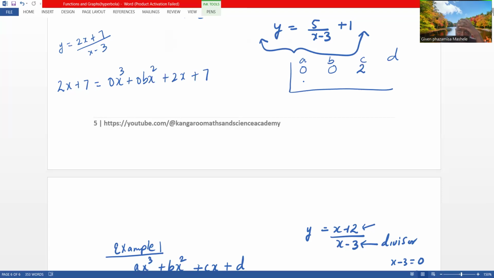We look at our divisor, x equals 3, so I put it here. And this side is times. Let's add 0 plus 0 is 0. 0 times 3 is 0. 0 plus 0 is 0. 0 times 3 is 0. 0 plus 2 is 2, then times 3 is 6, 6 plus 7 is 13.